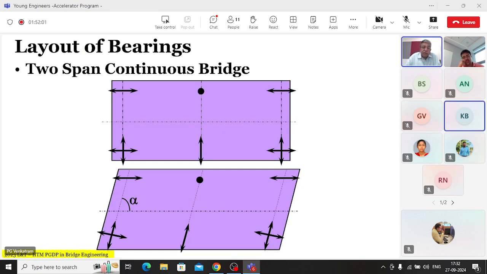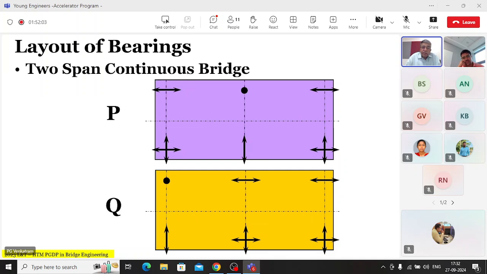The question now is, you have a choice. You have a choice to put the restraint bearing on this or the restraint bearing on this. Which is better? P arrangement is better.